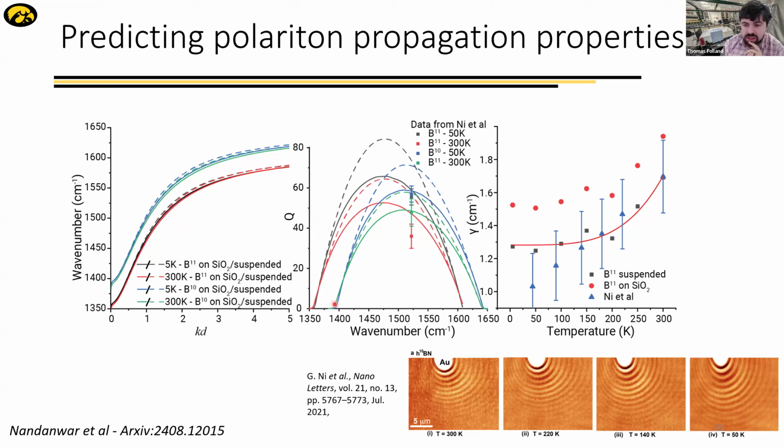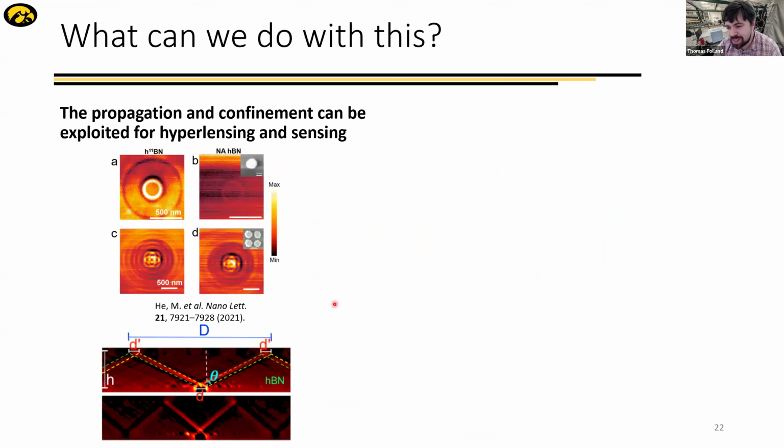Because it's kind of nice to see some examples of what you can do with these types of materials. For boron nitride, this type of polariton behavior is interesting because it had this ray-like propagation. People have predicted that you could use it as a type of lens, what's called a hyperlens, where you can create a lens that works below the diffraction limit.